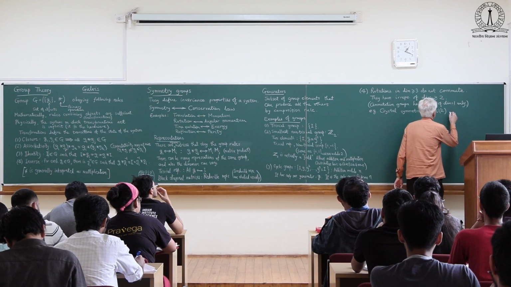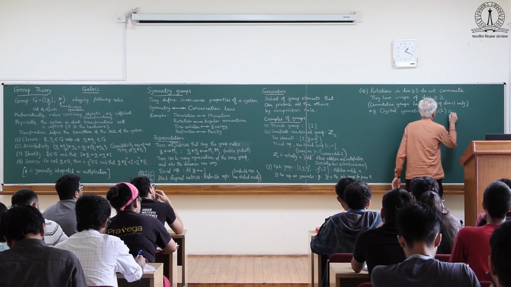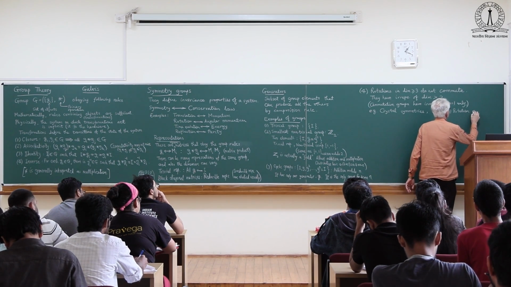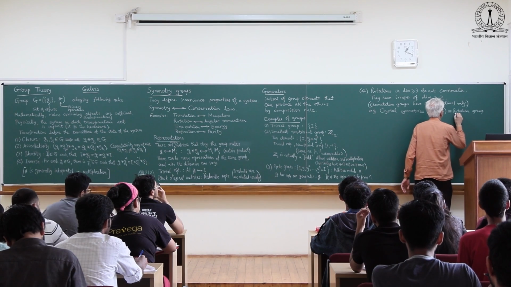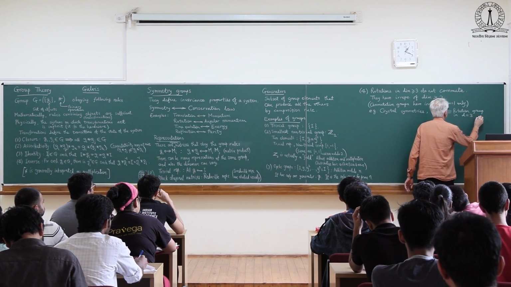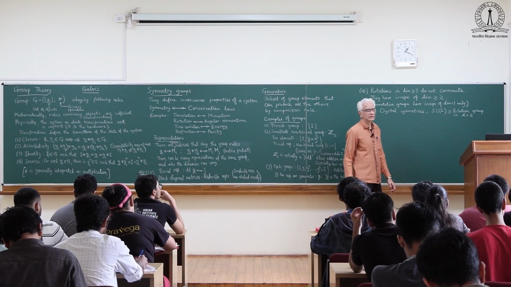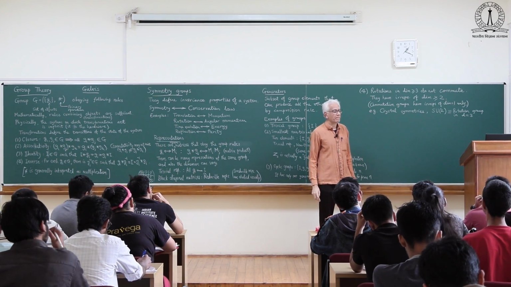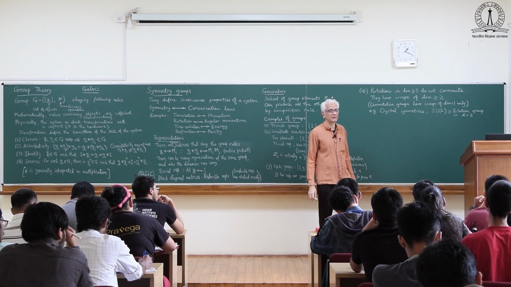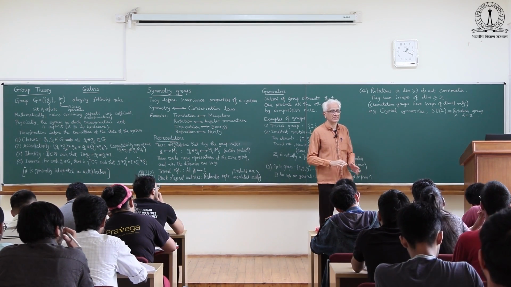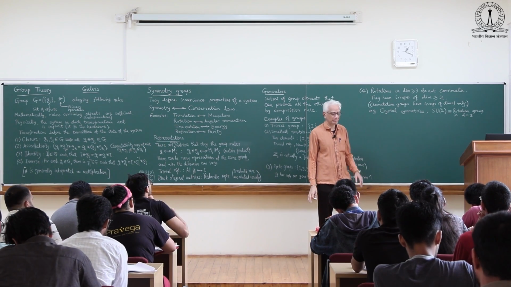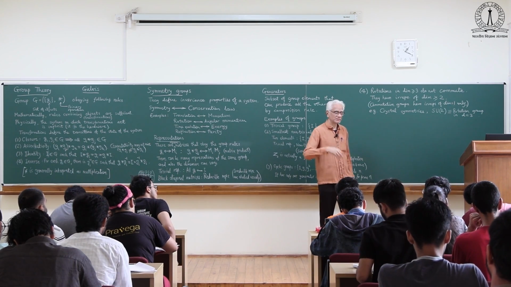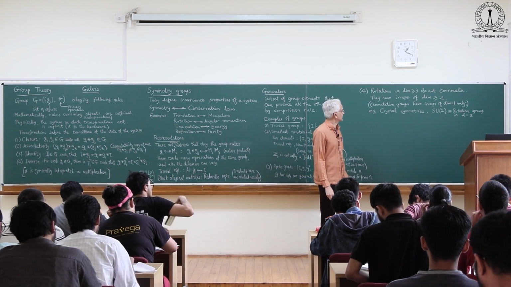It is exactly this group of rotations in 3 dimensions. And we will heavily use this particular group in constructing our quantum system. Okay. I will discuss that in the next class.